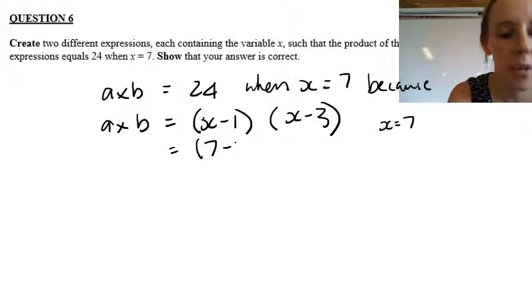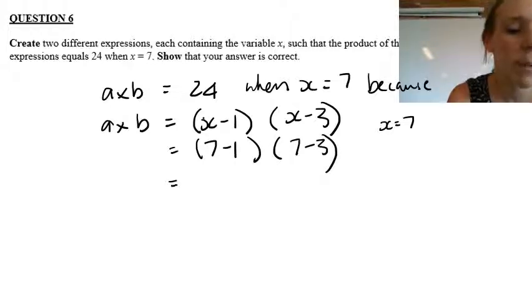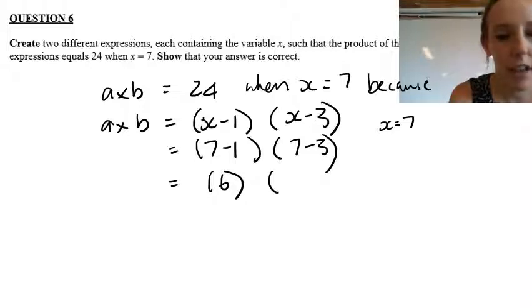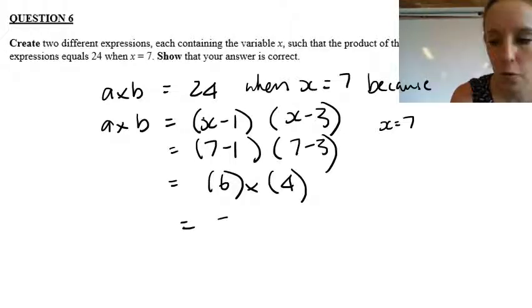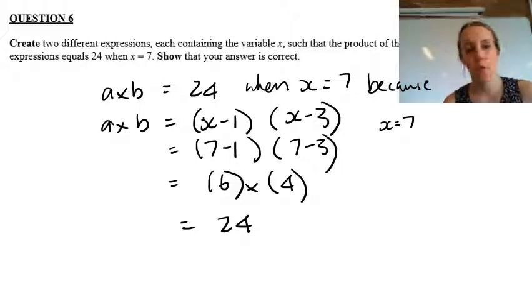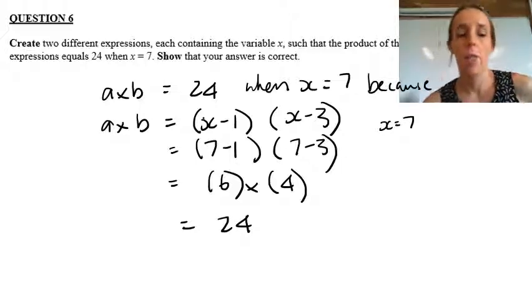So 7 take 1 multiplied by 7 take 3. So 7 take 1 is 6, 7 take 3 is 4, and then 6 times 4 equals 24. So I've just proved that that equals what it has to.